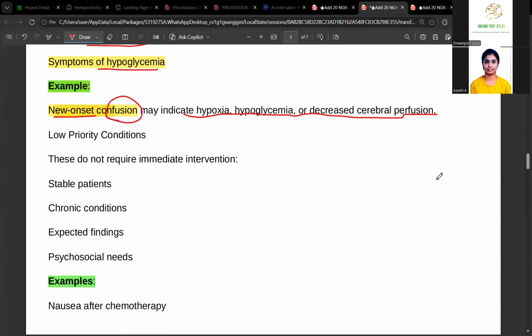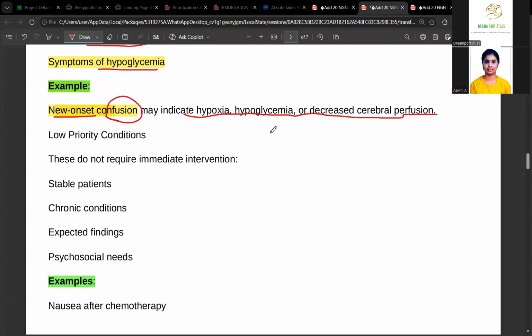So here we can look for whether the client's condition is stable or chronic, whether it is an expected finding or a psychosocial need. Like that we can prioritize it. When there is confusion, your focus is always on hypoxia, hypoglycemia, or decreased perfusion to neuronal tissues.